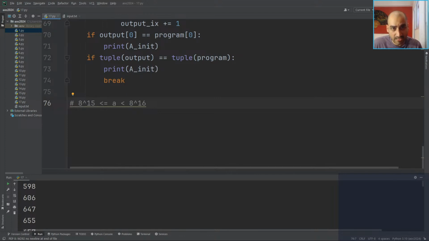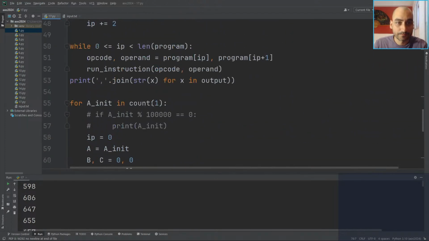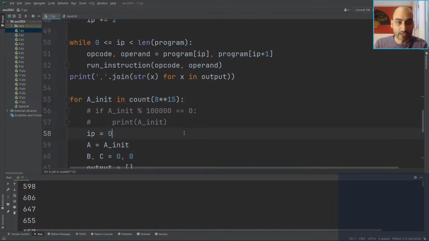Alright, well that gives us a bound, but that's still a massive range. I mean, I could try starting right at 8 to the 15. That's not going to work, is it? Alright, try that.